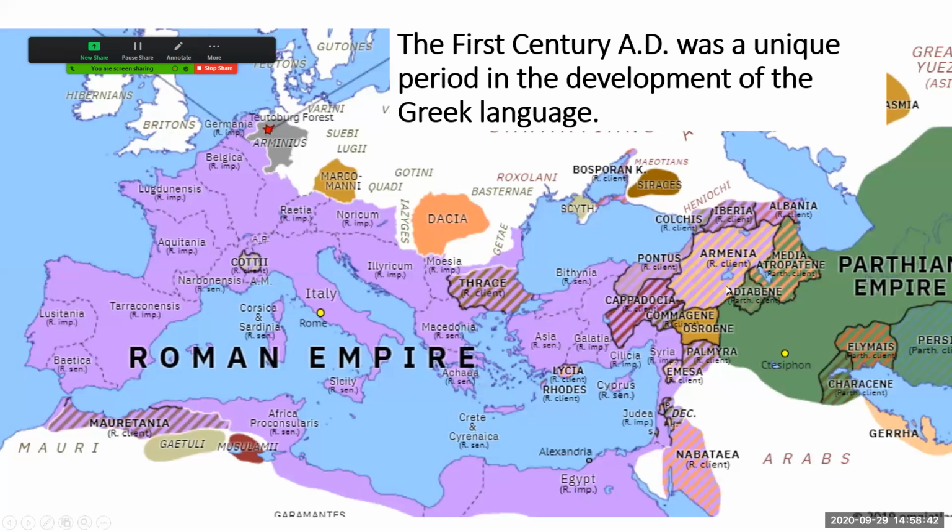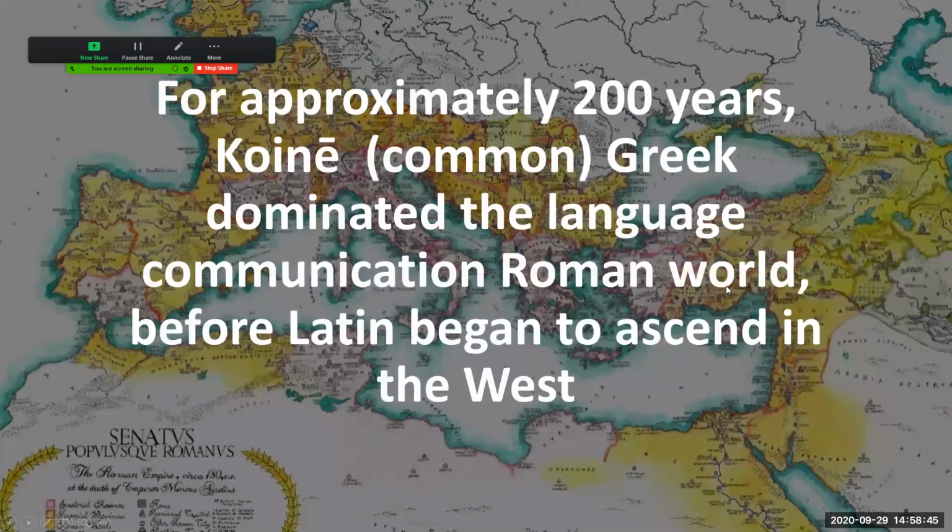It was the language of the Roman Empire until, as I mentioned, the second and third centuries after the birth of Christ. And during the time of the church fathers, the Latin became predominant in the West, and that is why many of our church fathers wrote in Latin instead of in Greek.